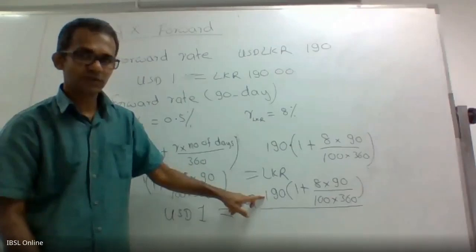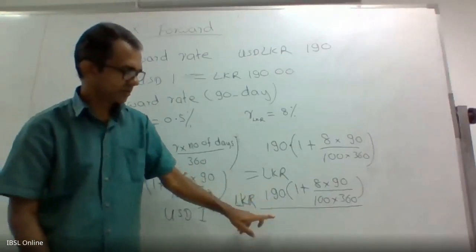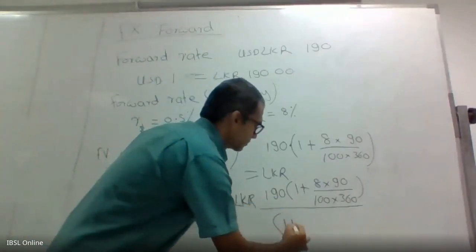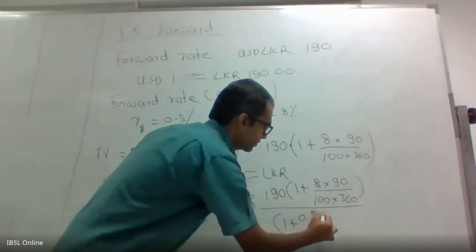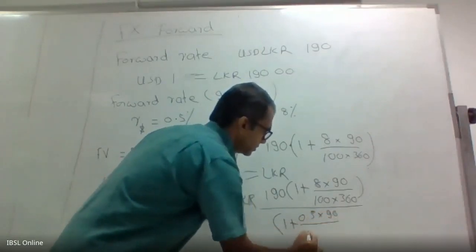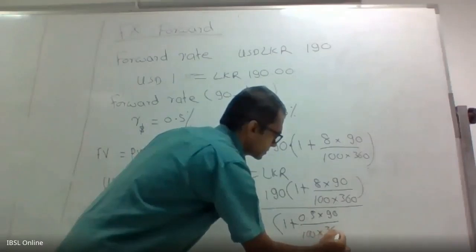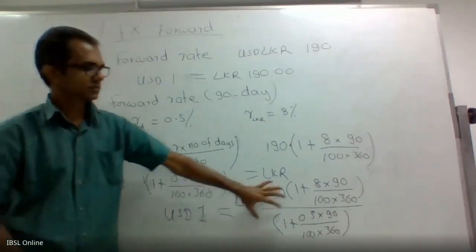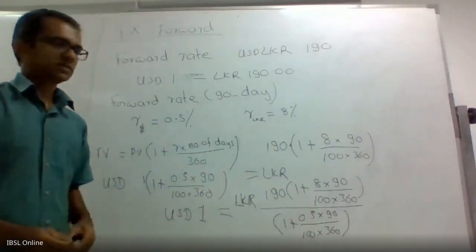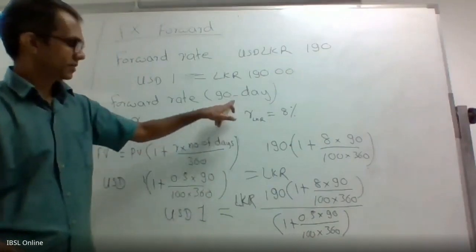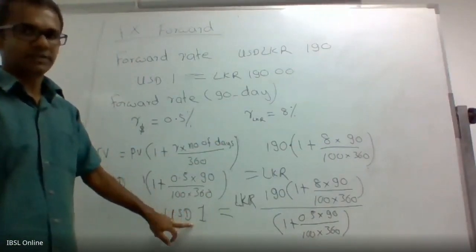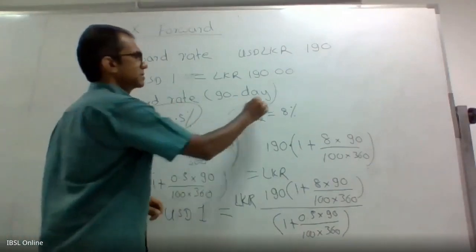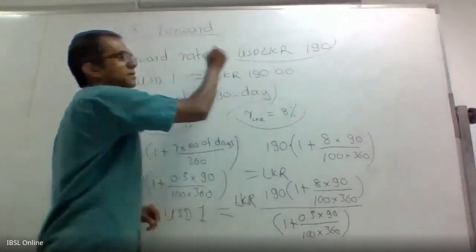We divide this future value of the rupee amount by the future value of the dollar amount, 1 plus 0.5 into 90 over 360. So $1 equals some amount of rupees. This is the 90-day forward exchange rate, given these two interest rates and this spot rate.